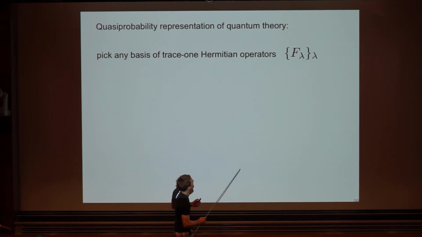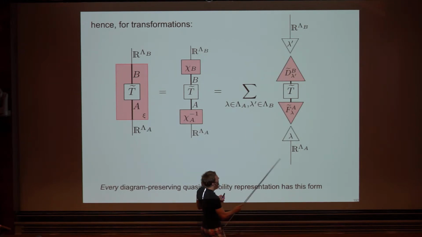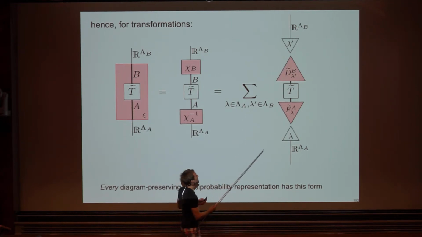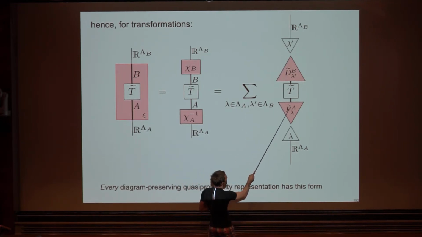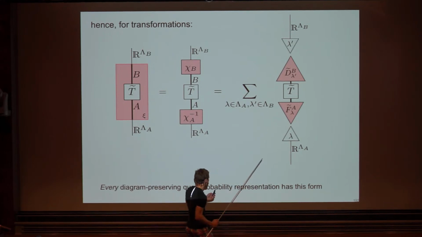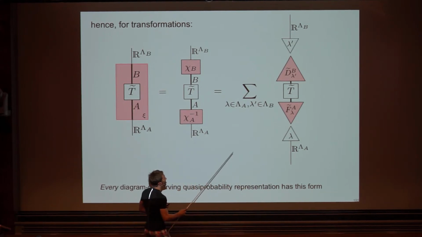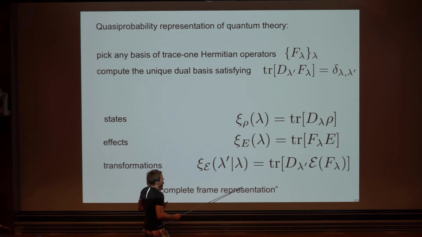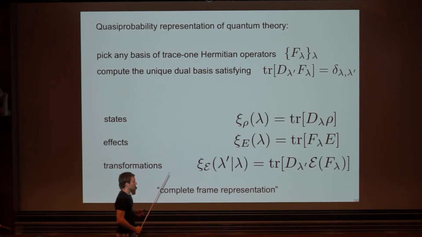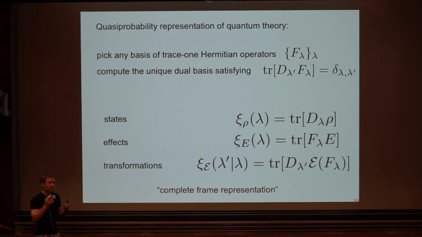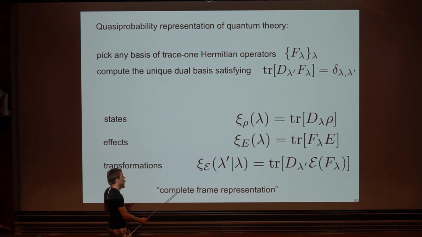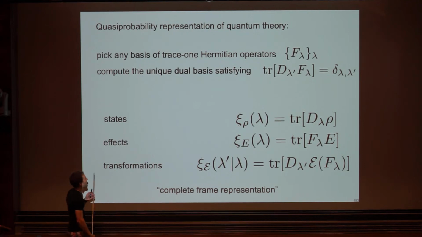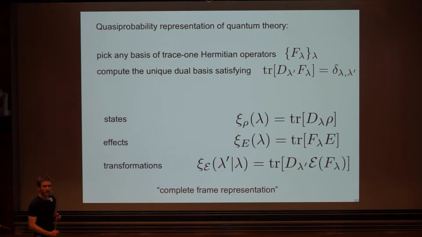So this expression we just saw is the algebraic version of this diagram. You take your transformation, you apply it to the frame operator, you trace with the dual frame operator. That gives you these matrix coefficients here. And this mathematical construction has been studied in the literature and in mathematics. It's called a complete frame representation.